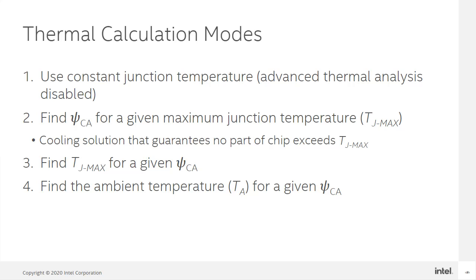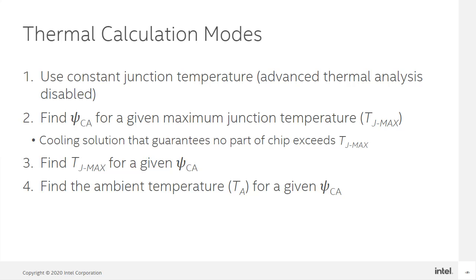The tool will calculate a psi-CA with the assumption that at least one of the device dies is at the specified TJ max. That means that the numbers provided can be used to create a cooling solution that will keep the junction temperature for any die at or below the specified value. The third mode is almost the opposite of the second mode.